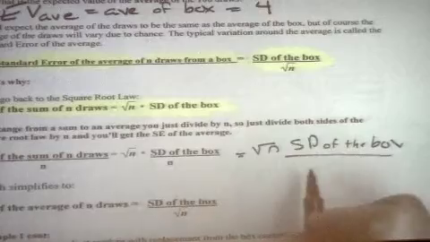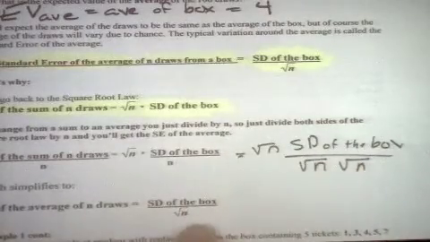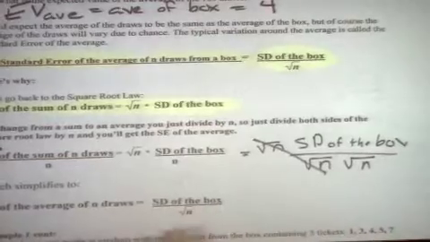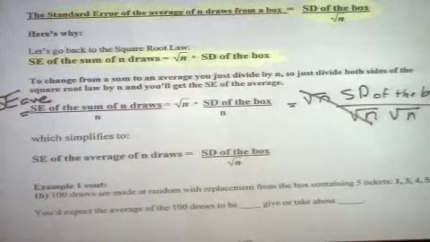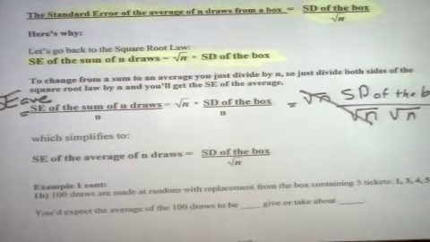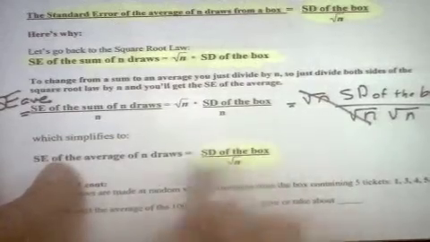So I can rewrite n as the square root of n times the square root of n. I'm only doing that so that I can cancel this, and now you see how you get that formula. So it's pretty easy to remember. When you take an average, you're going to divide by the square root of n.